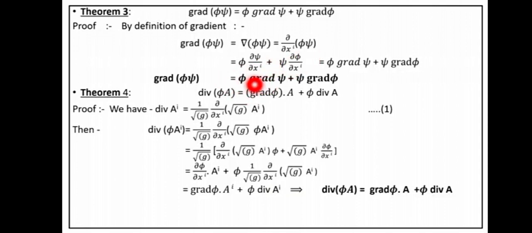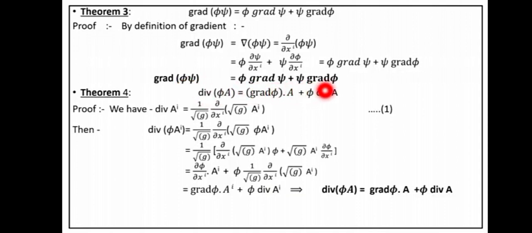So by solving this we differentiate first this factor, then the other: φ ∂ψ/∂xi plus ψ ∂φ/∂xi. We know that ∂ψ/∂xi is the gradient of ψ, and ∂φ/∂xi is the gradient of φ.